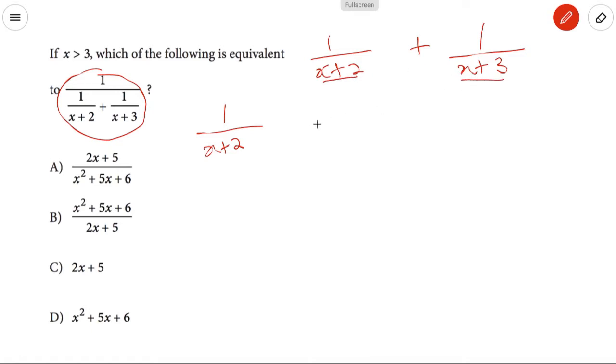So the product of their denominators is going to be something like this: x plus 2 times x plus 3. And you want to multiply both the top and the bottom by this. Okay, so for the first part, and then same thing for the second one.